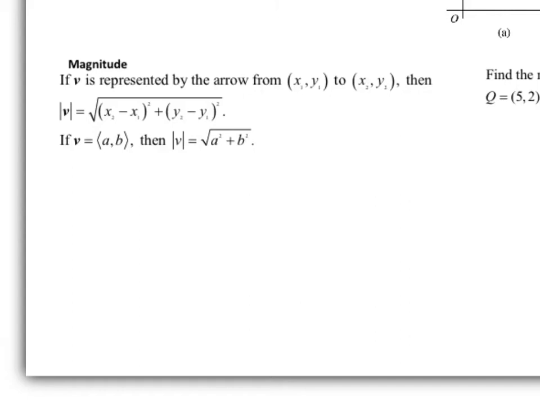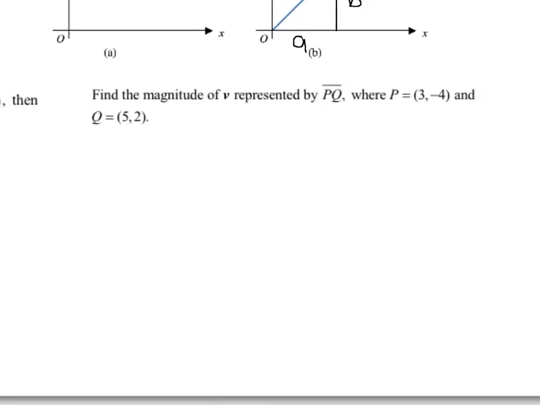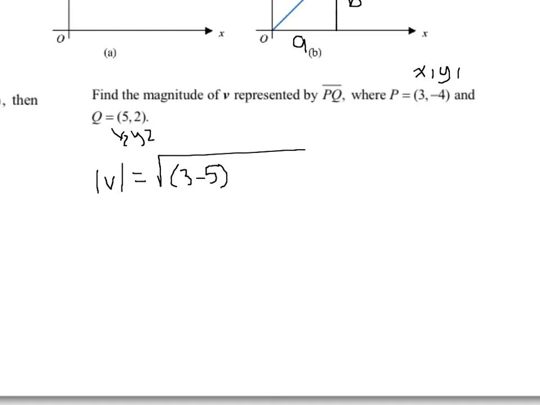So let's take a look at how we can do one. It says find the magnitude of V represented by PQ. Okay, so label x1, y1, x2, y2. The magnitude of V is the square root of (3 minus 5) squared plus (negative 4 minus 2) squared.